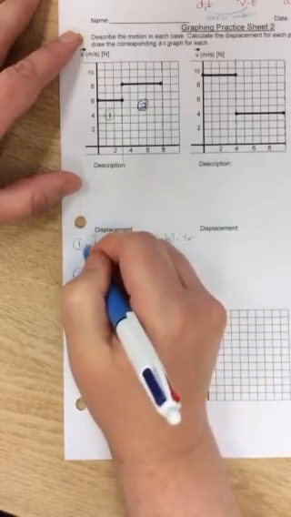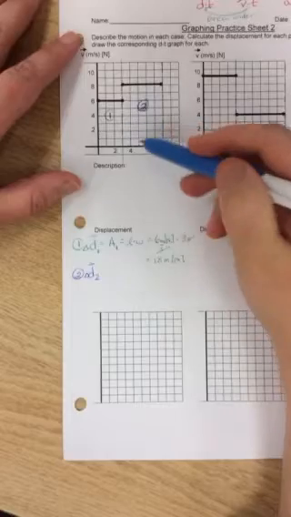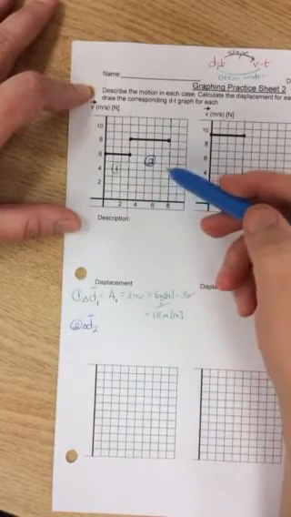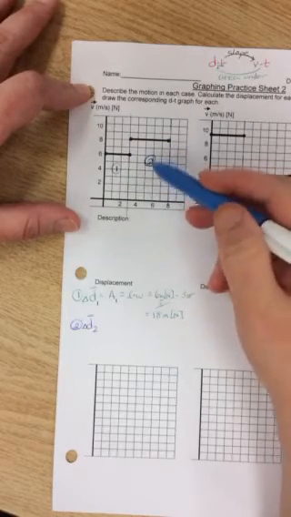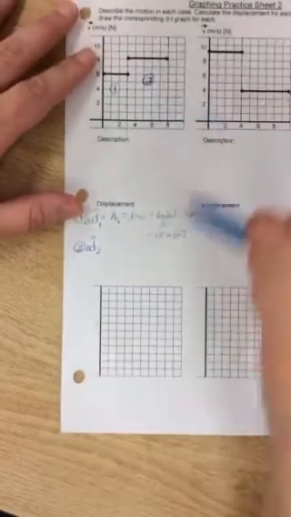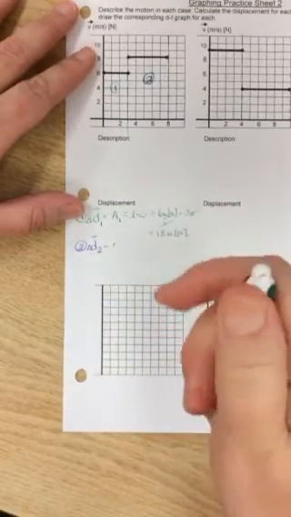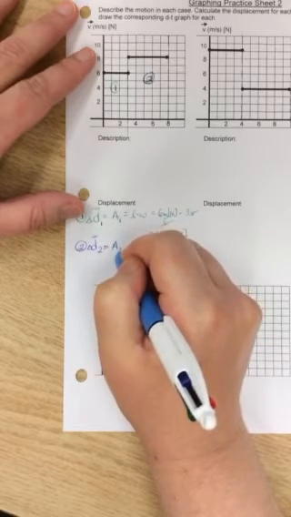So why am I putting change? Because it's important. This number that you're going to get for the second area is not the total displacement. It's the displacement for that part of the trip. So this is area 2.